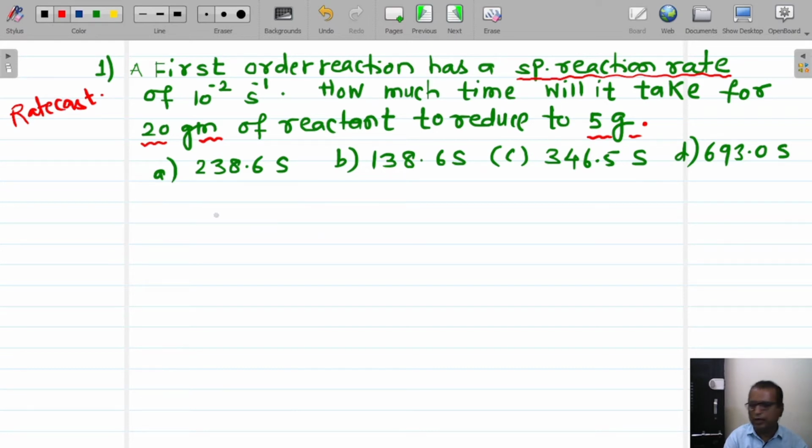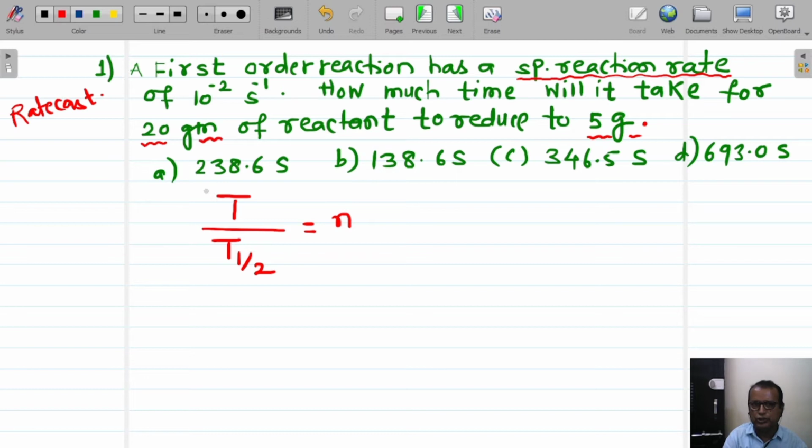We will determine the total time, and we solve this problem with respect to one type of trick. You know that total time divided by half-life time is equal to the number of half-life stages. N is the number of half-life stages, which is very important.